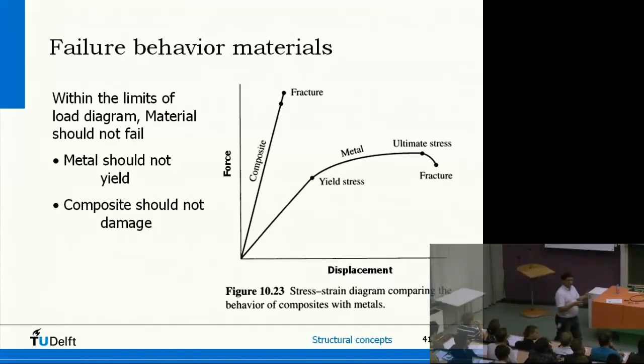Yeah? It always returns to its original position. As soon as I surpass that, I come into the plastic zone, the plastic area. We don't want to fly in that area, because then you have permanent deformation of, for instance, your wings.